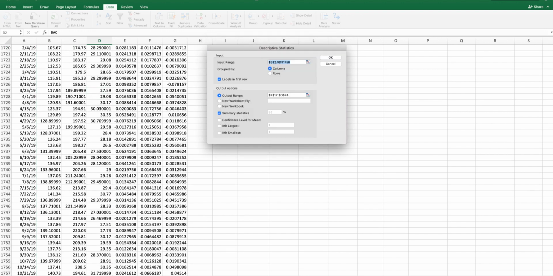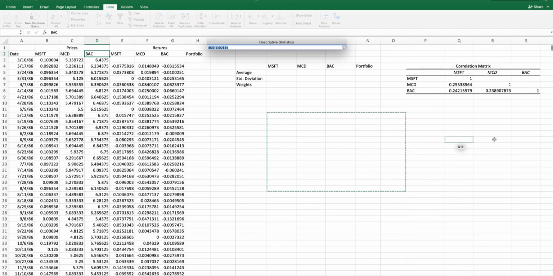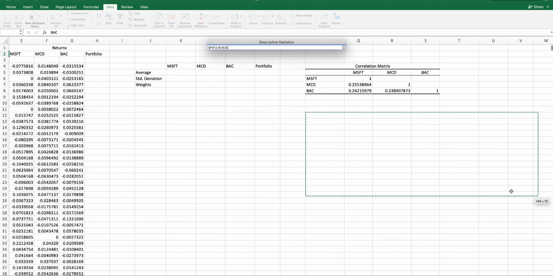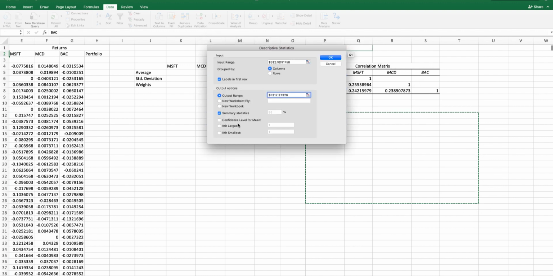All right, so we have the range, labels in first row. Select your output range. I don't want it there, I want it right below the correlation matrix. So add that. Okay. I already did this example once before making the video, so that's why my box was checked. If not, then check the box Summary Statistics if it's not already checked.